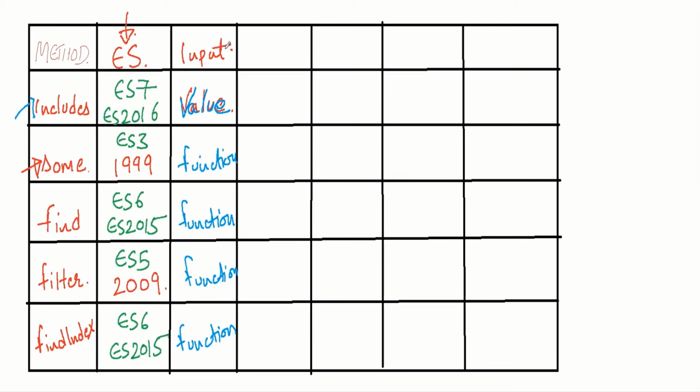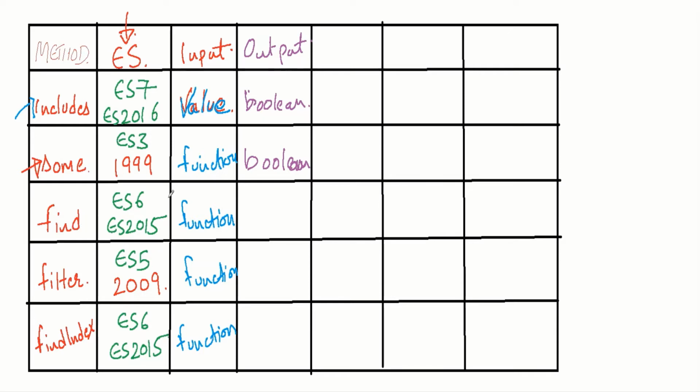Now let's write down the output. I should select a different color. Okay, so in output, the output of this includes function is a Boolean. The output of this some is Boolean.